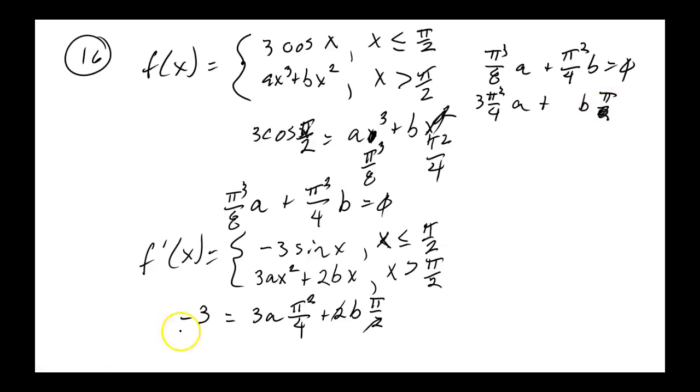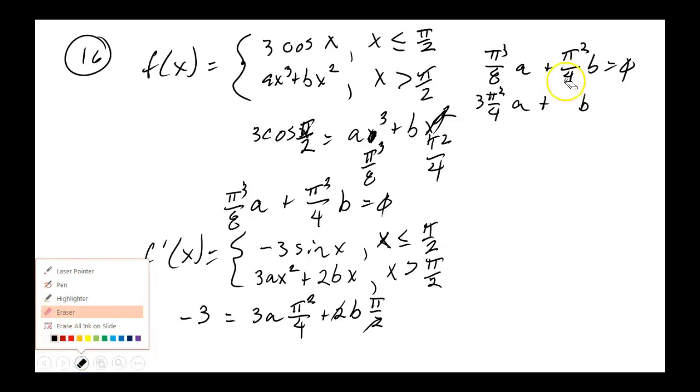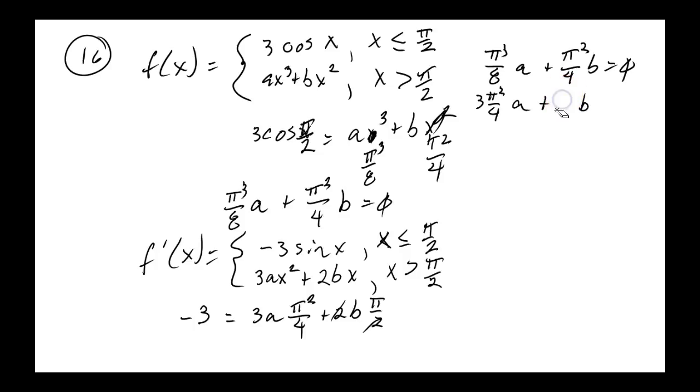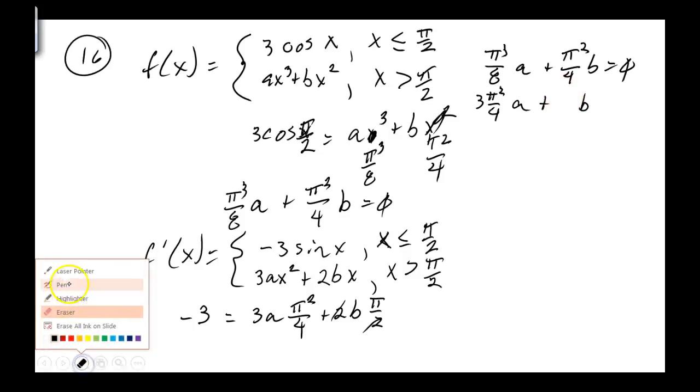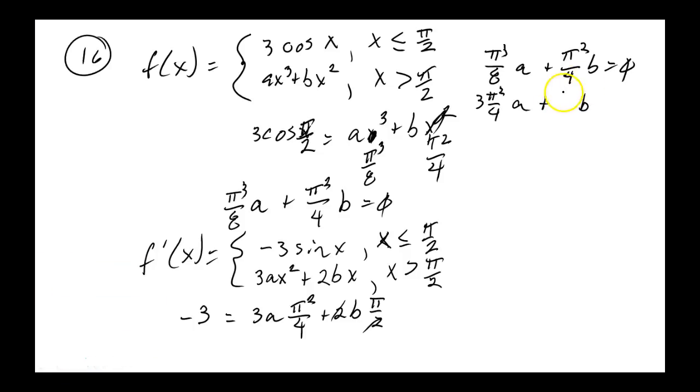Why do I write b pi? I don't know. Okay, pi b is equal to negative 3.